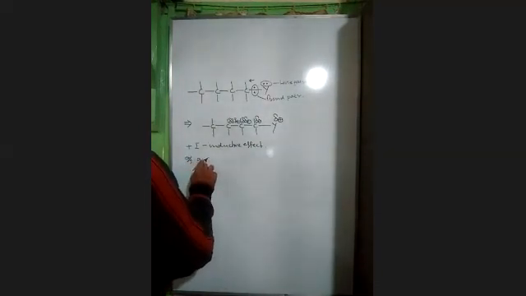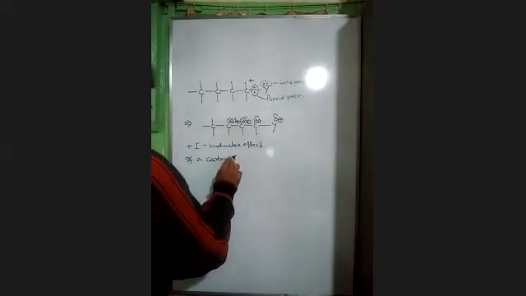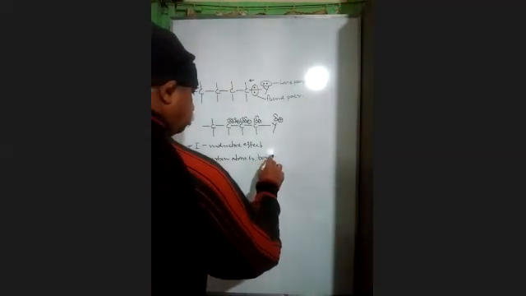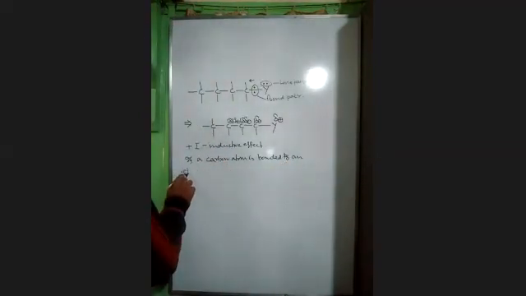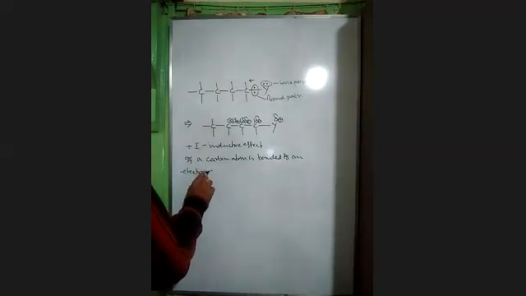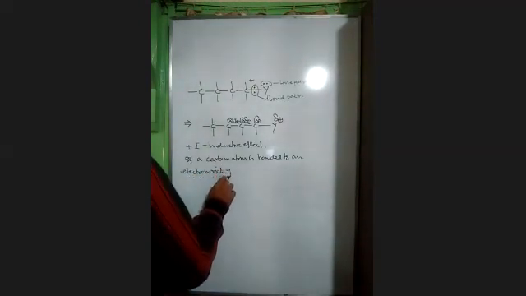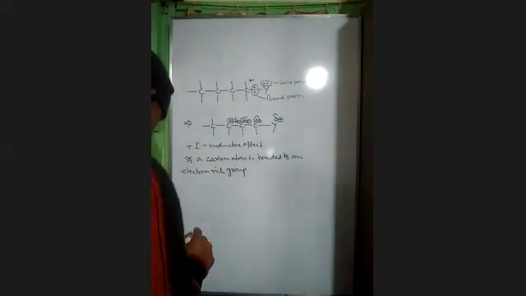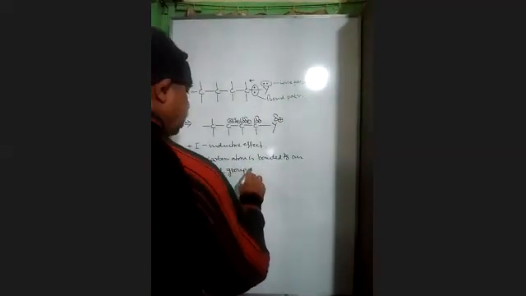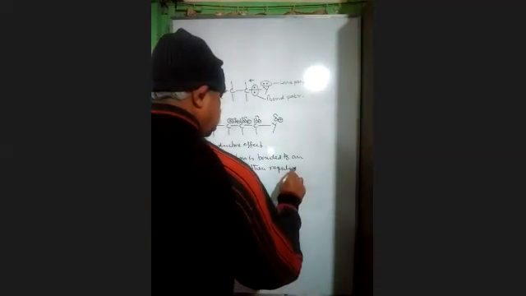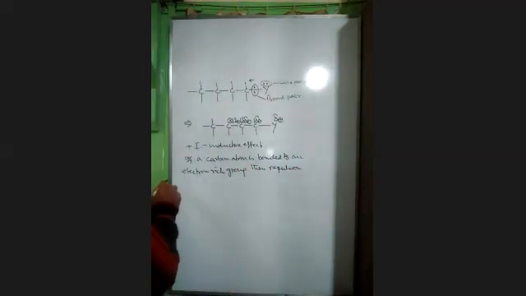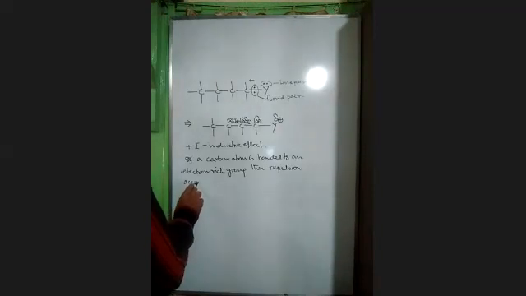If a carbon atom is bonded to an electron-rich group, then repulsion occurs.